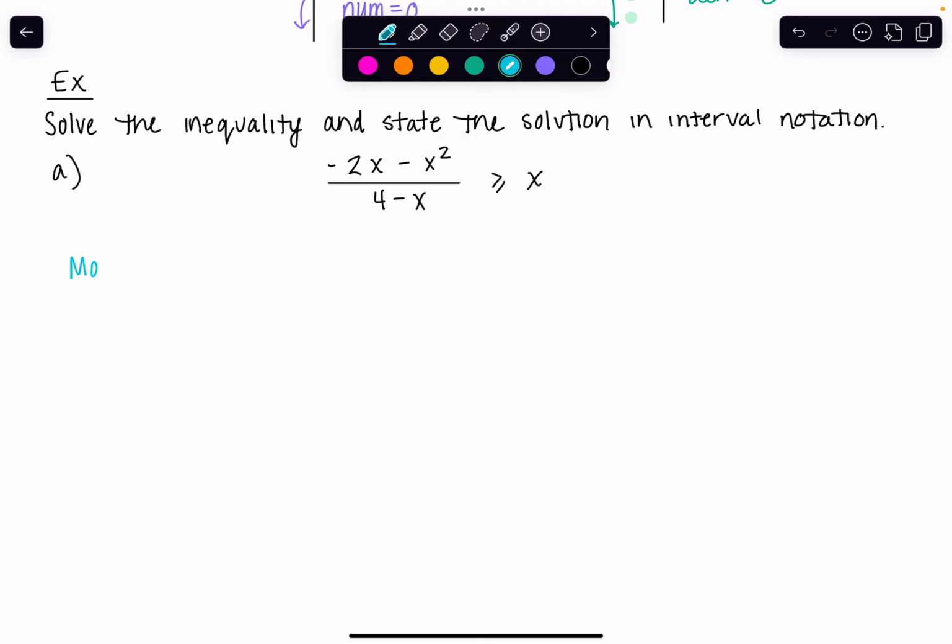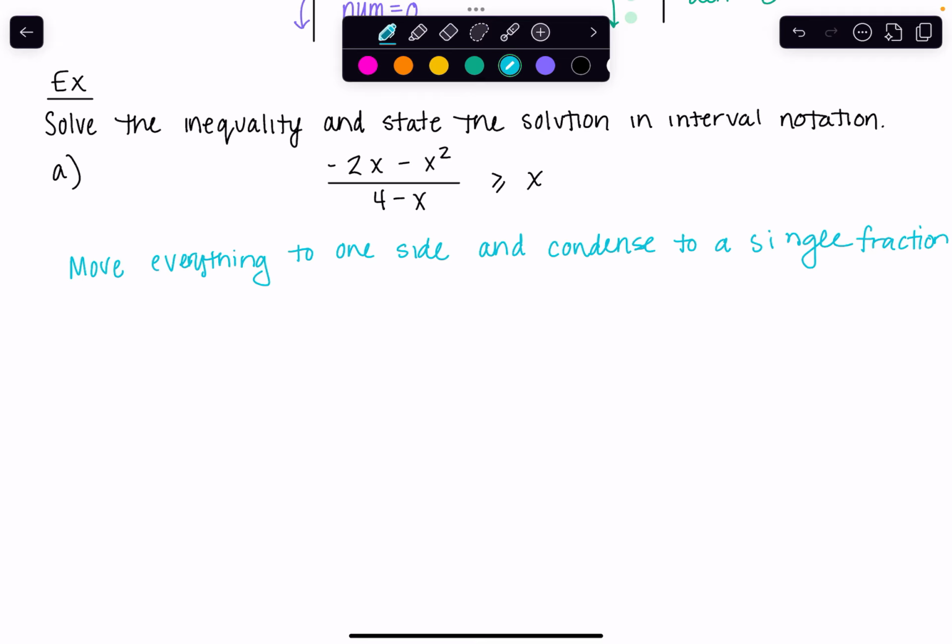So here we move everything to one side. And we condense it to a single fraction. So it is going to take some algebra for us, but that's okay.